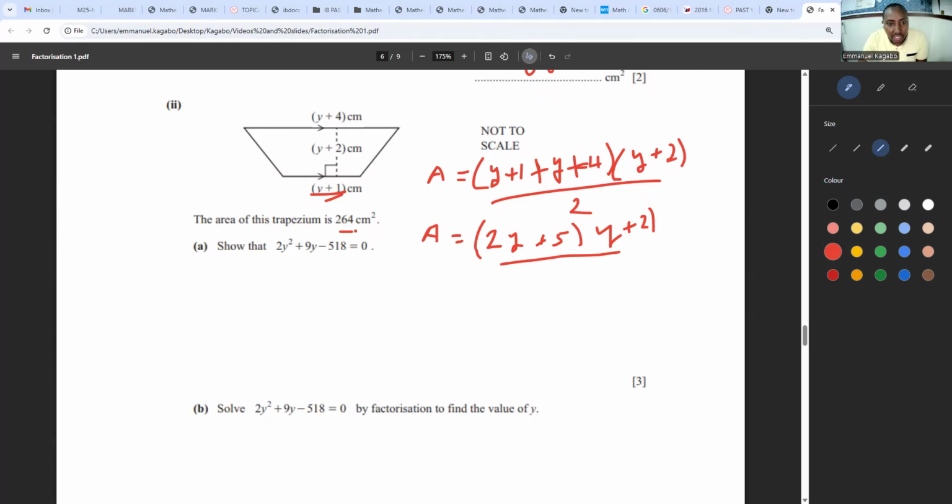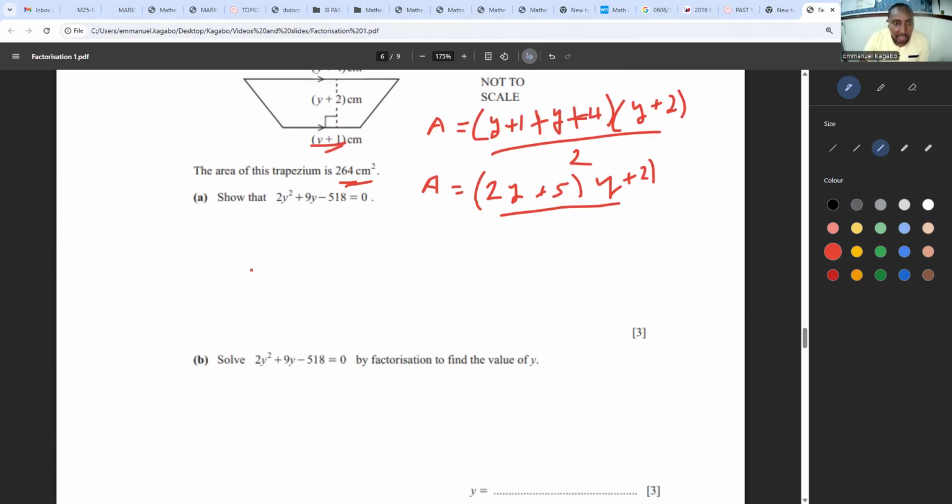But they told you this area is equal to this. So let me write it here. It's going to be 264 equals (2y plus 5) times (y plus 2) over 2.